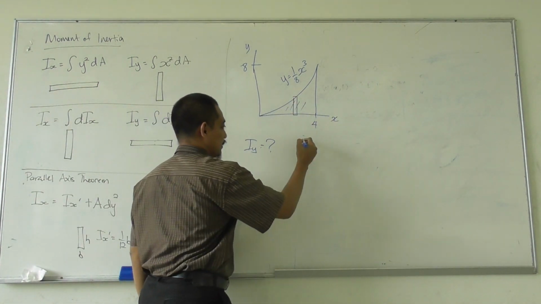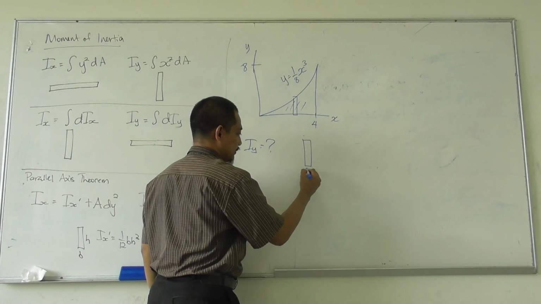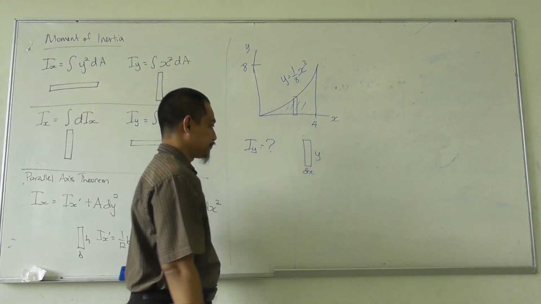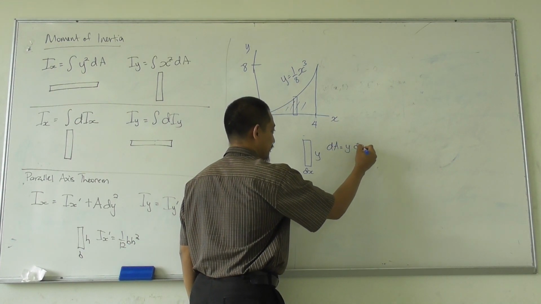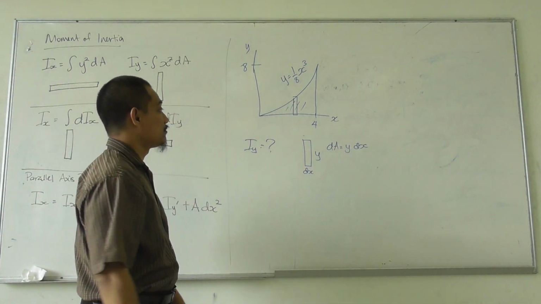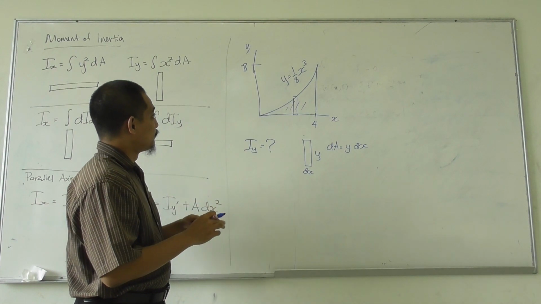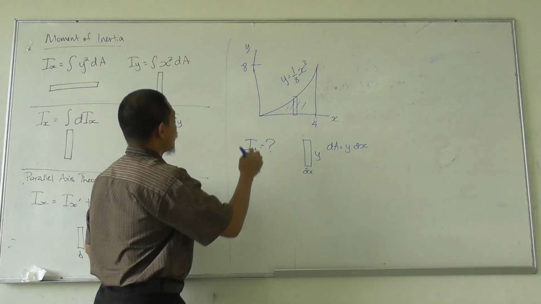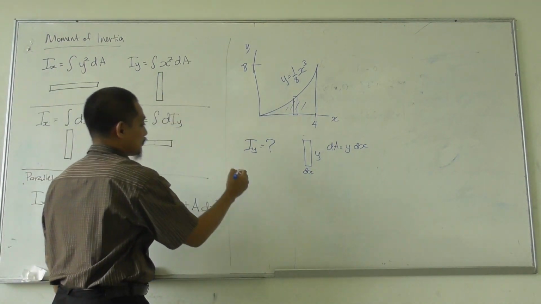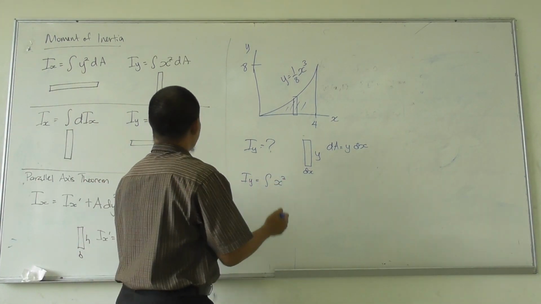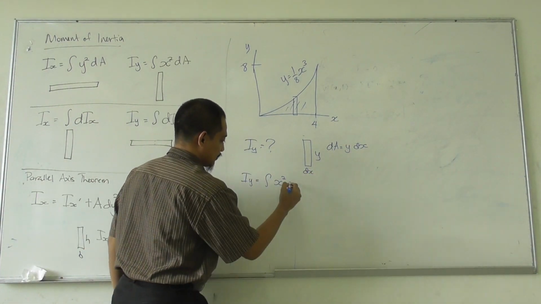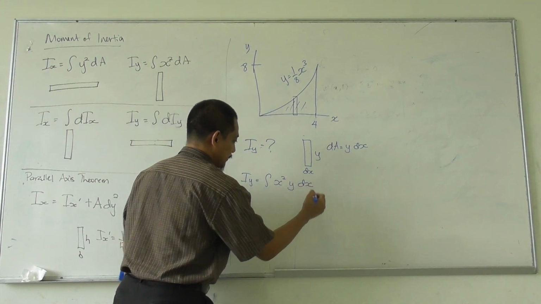So if you take it out, this will be dx, this will be y, which means dA will be y dx. Alright, so if we use this one, Iy will be integration of x squared, and then dA will be y dx.